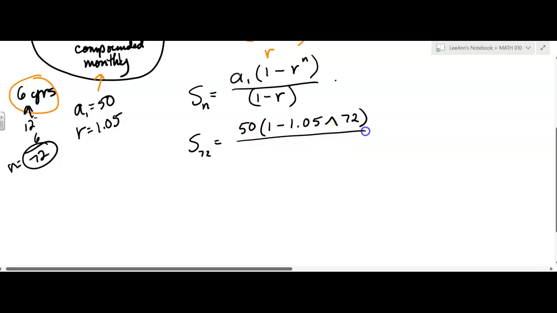And then that's going to be divided by 1 minus 1.05. Okay, so I'm going to throw in the extra parentheses just to be on the safe side. You have to have the ones on the bottom, but the green ones on the top you probably don't have to have. Okay, so let me clear that out. Parenthesis 50, parenthesis 1 minus 1.05 to the power of 72, parenthesis, parenthesis, divided by, parenthesis, 1 minus 1.05, parenthesis.